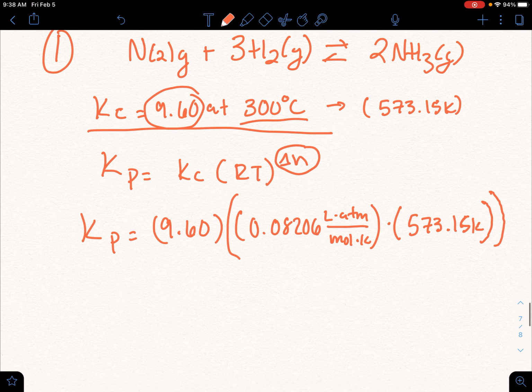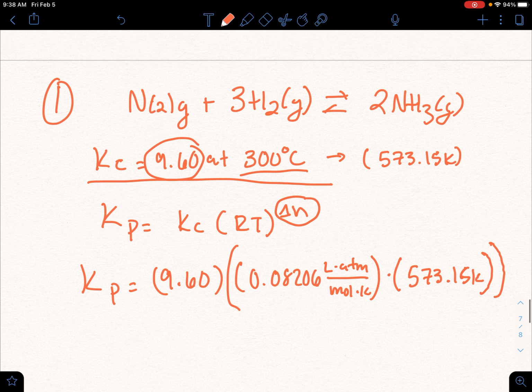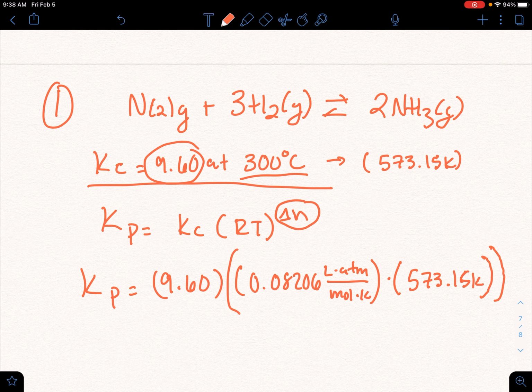So let's look at our moles. It looks like here we have 3 plus 1, which is 4 on the reactants. Then we have 2. Remember, it's products minus reactants, so it's 2 minus 4. It's raised to the 2 minus 4. 2 minus 4 is -2.